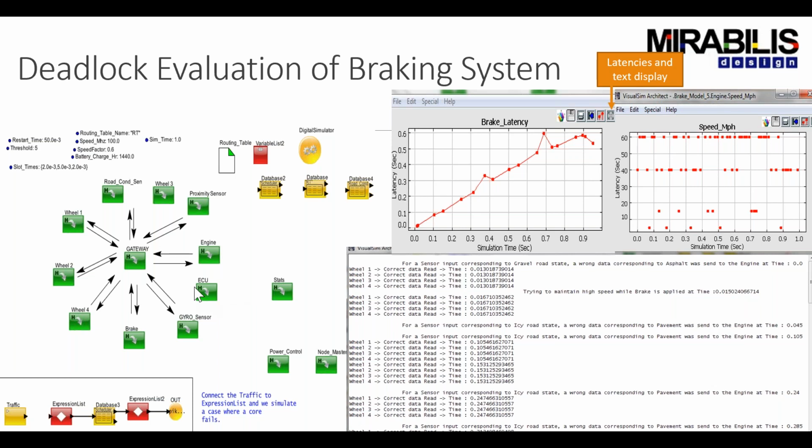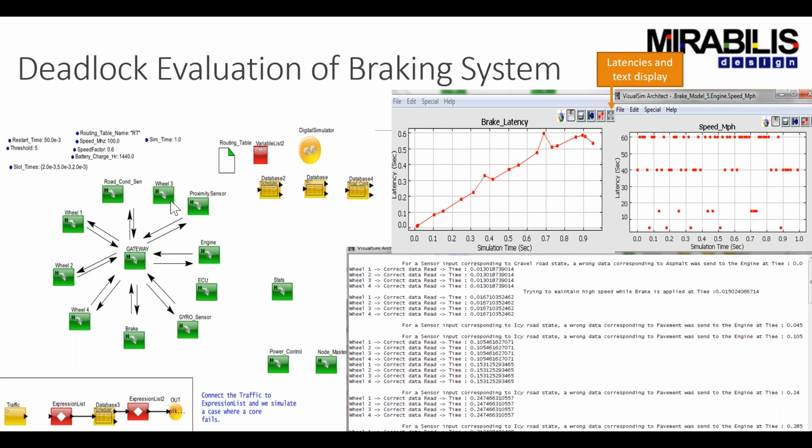What we're trying to do with this particular design is look at the bus, the brake latency, and the speed at which the vehicle is running. The main idea is that the wheels and the engine and the gyro keep feeding information to the ECU, and based on the proximity sensor and what is happening around the vehicle, we would either speed up or slow down the vehicle.